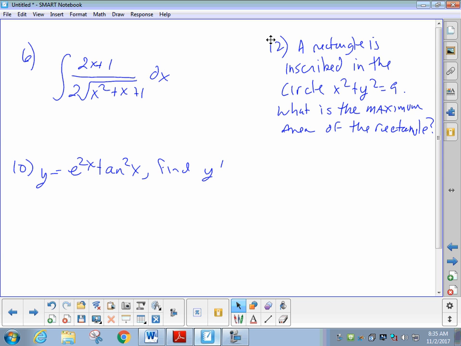With those three, feel free to work on something on another problem until we go over it.